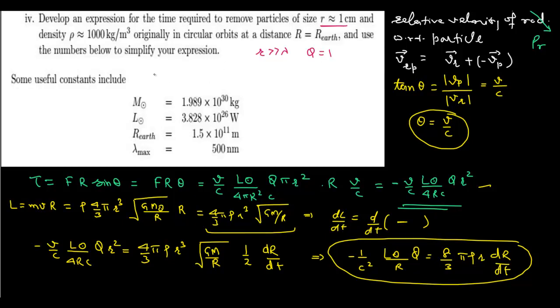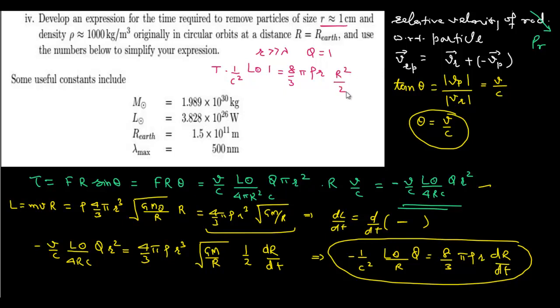Now in order to get the expression for the time we have to integrate this equation. So in order to integrate we will take this dt on the left hand side and this r on the right hand side, and integrating dt we will get t into 1 by c square L, and q we have taken as 1, and it is equal to 8 by 3 pi rho r, and integrating this r which is taken on the right hand side we will get r square by 2.